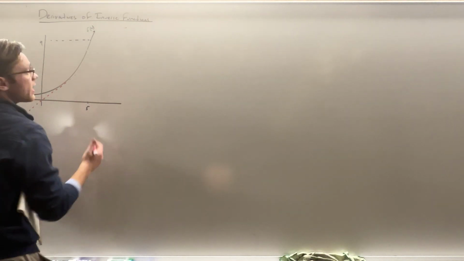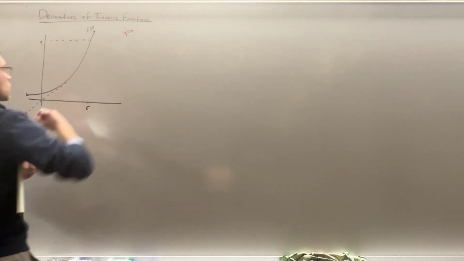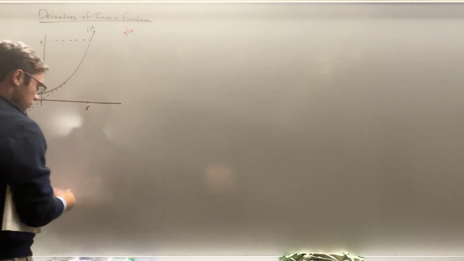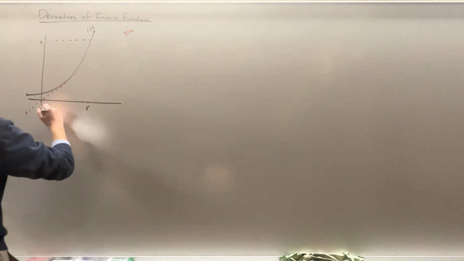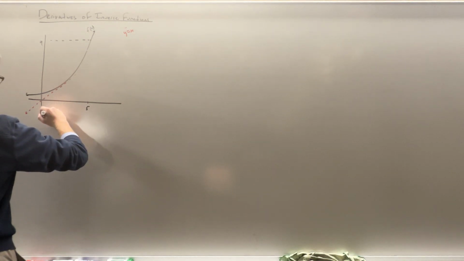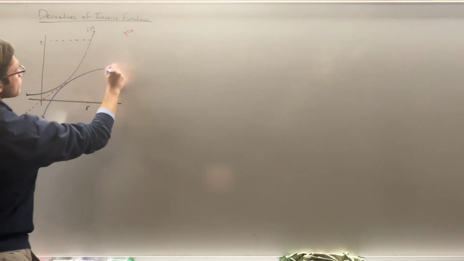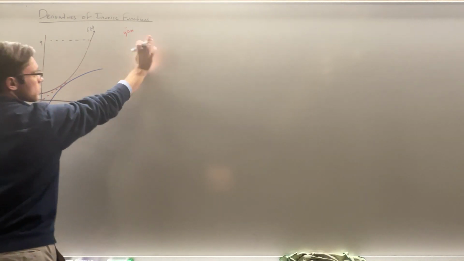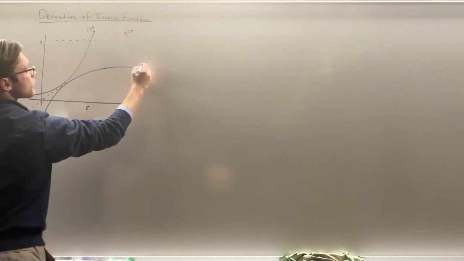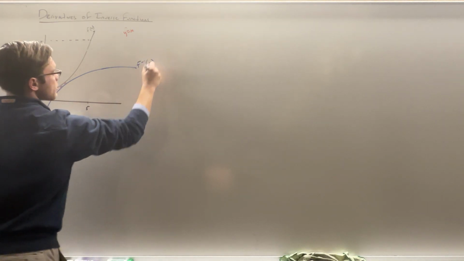So here's the line y equals x. If I flip this over this line, I get the inverse function. So I'll draw that up here. Looks vaguely like that. Round it off a little bit, like that. So that's the inverse function, f inverse of x.